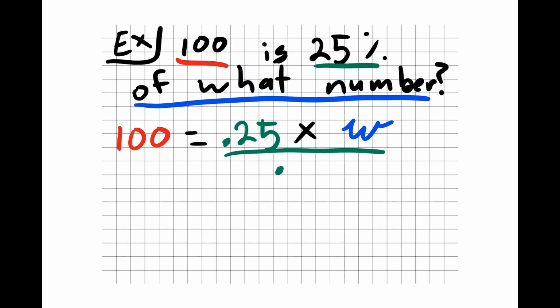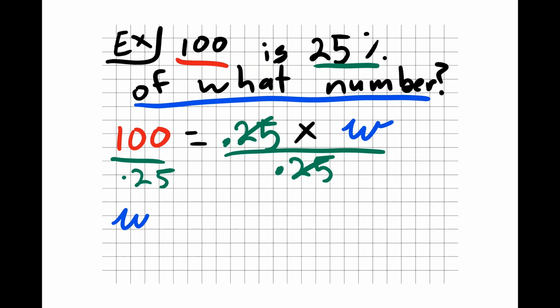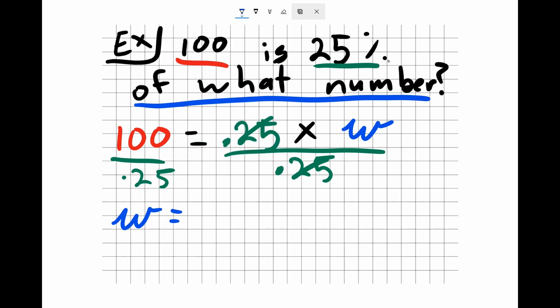Divide by the other value, and that will isolate your variable. Give me your final answer. W is equal to, we'll say in blue for this last step, 100 divided by 0.25, which if you input into a calculator should give you 400. 100 is 25% of 400.